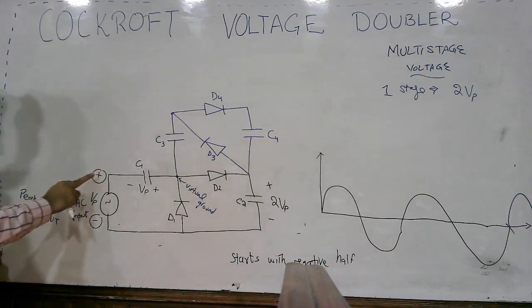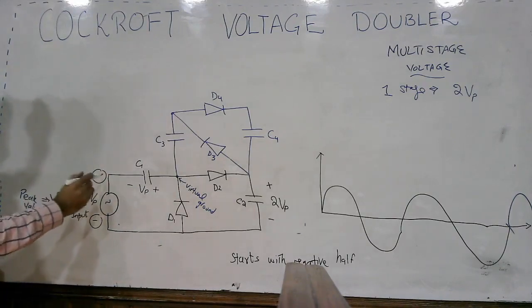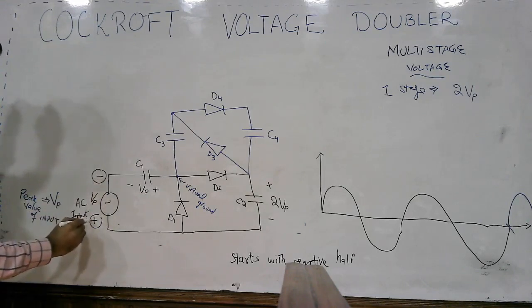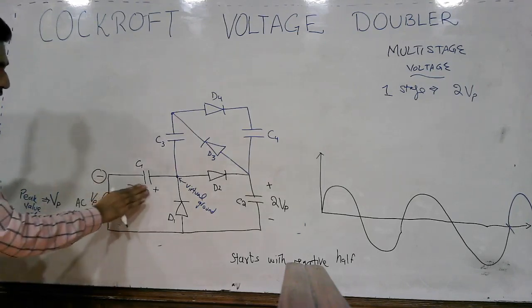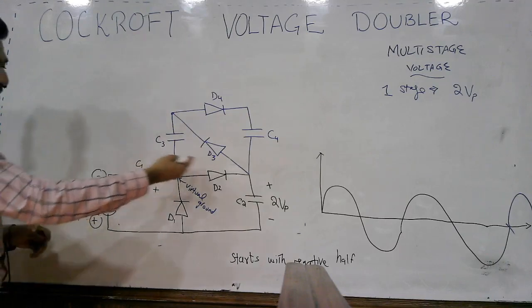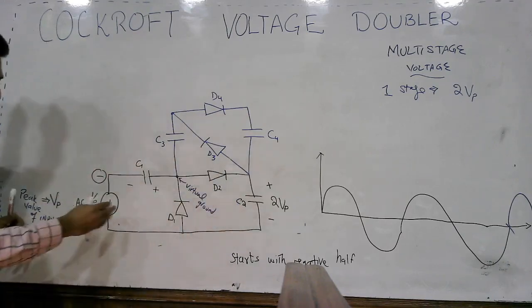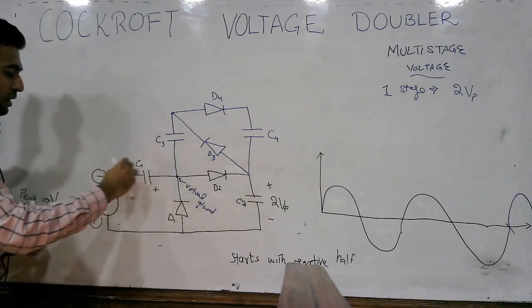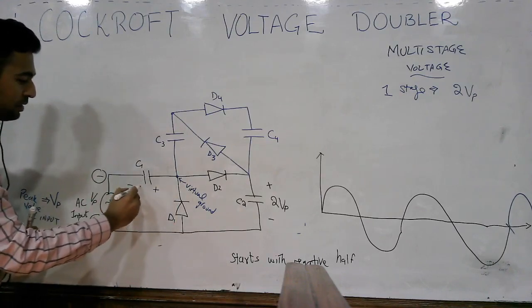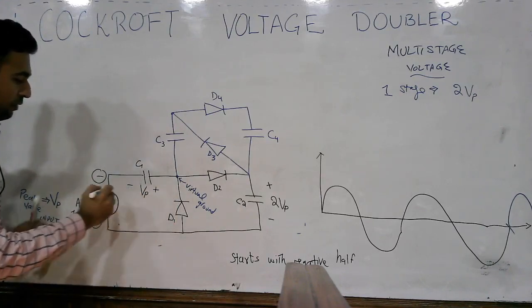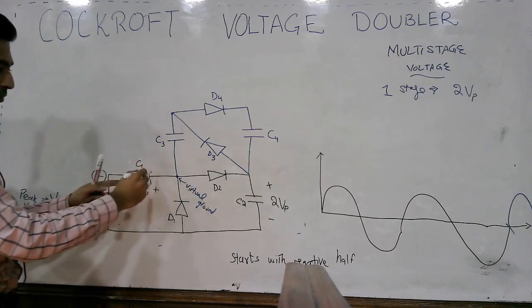Now again the negative half comes in. Since capacitor C1 was discharged into capacitor C2 before, again diode D1 will conduct and the capacitor C1 will be charged with Vp.